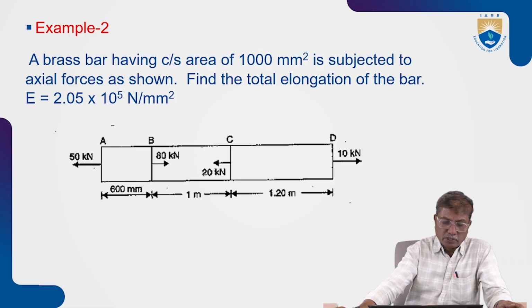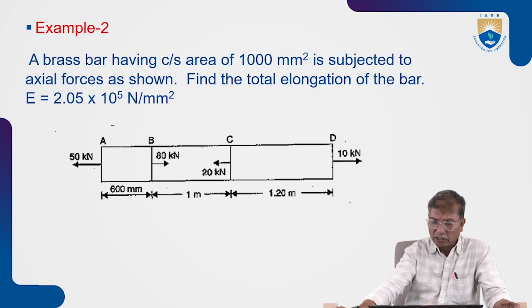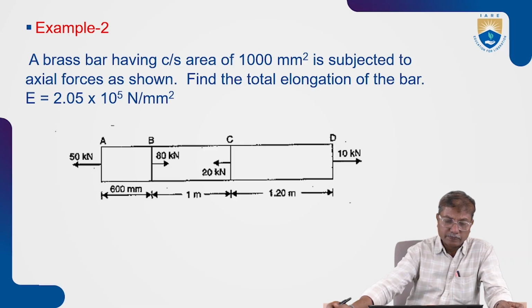That means portion AB is subjected to some load, BC is subjected to some other load, and CD also is subjected to some other load. That means different portions will have different stresses and also different elongations.